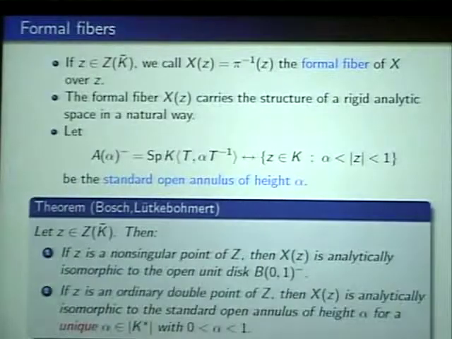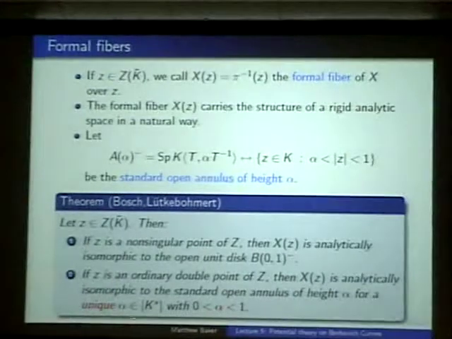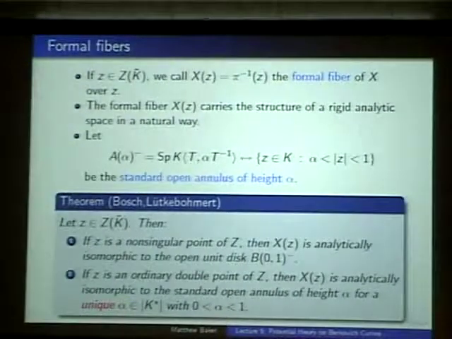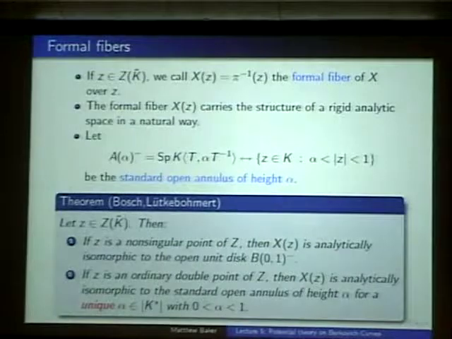And if you have an ordinary double point, and remember, I'm assuming the only singularities are of these two types, then the formal fiber X(z) is isomorphic to a standard open annulus of height alpha. And actually this number alpha is uniquely determined. So this is a very useful result, as we'll see.